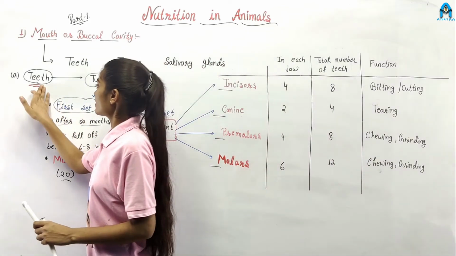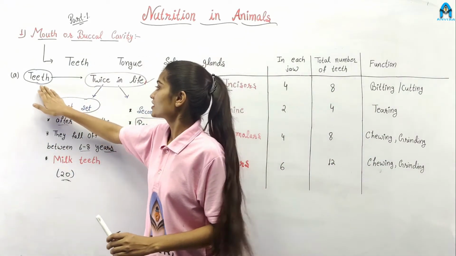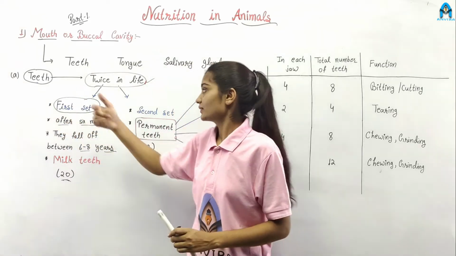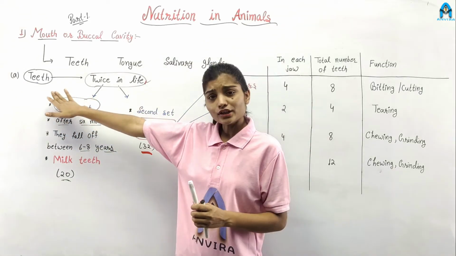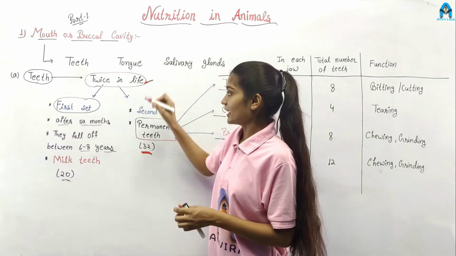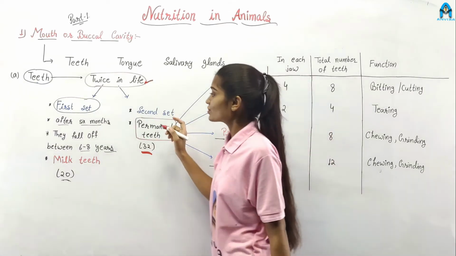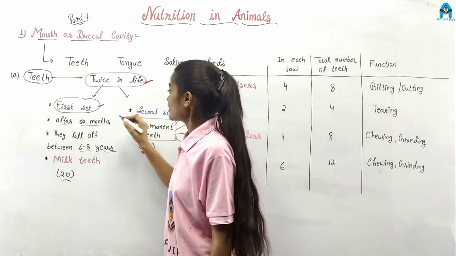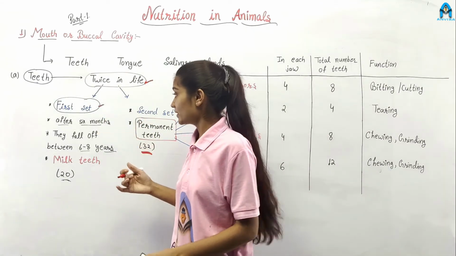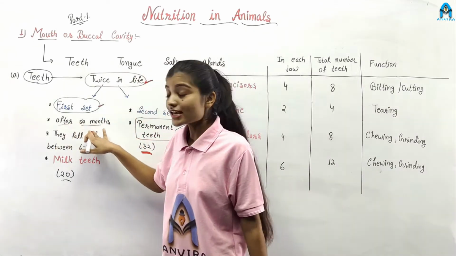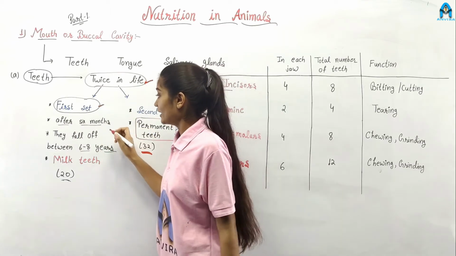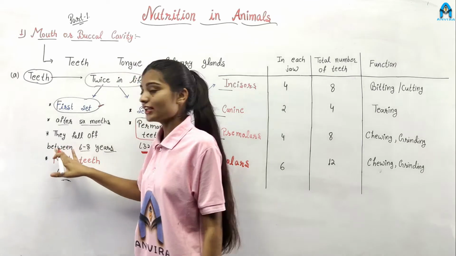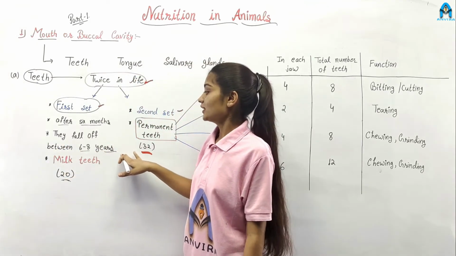First of all, we study about the teeth, and it is very important to know about the teeth. In humans, teeth grow twice in their life and in two sets. The first set of teeth appears after 6 months of the birth of a human infant, and they fall off between the age of 6 to 8 years.